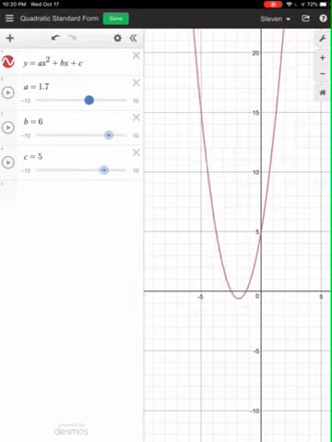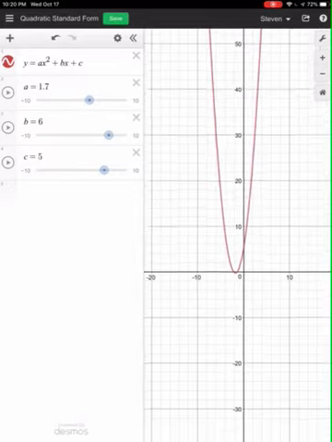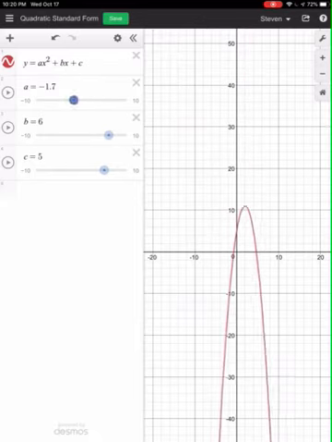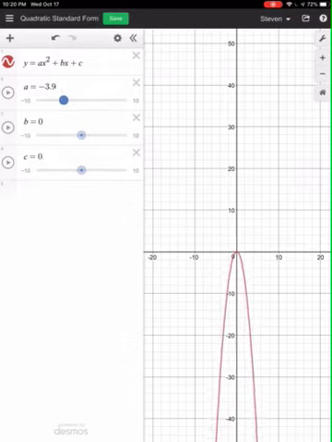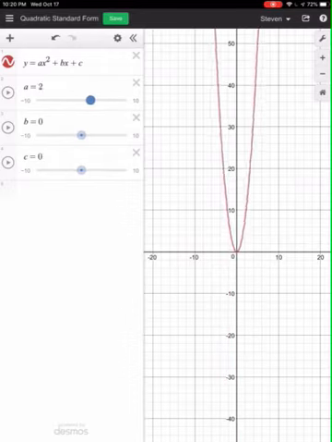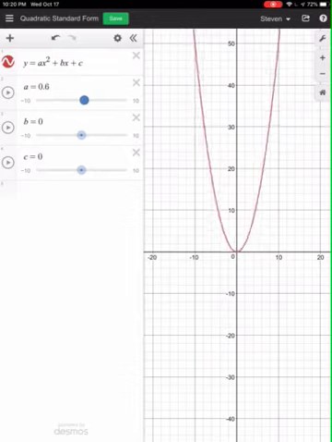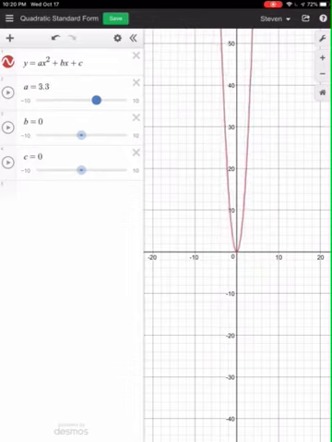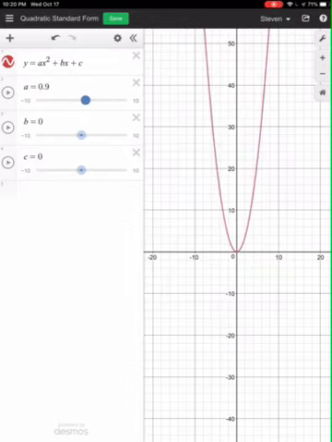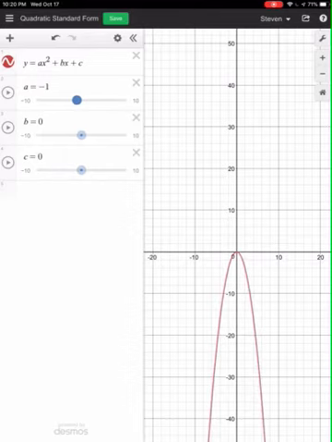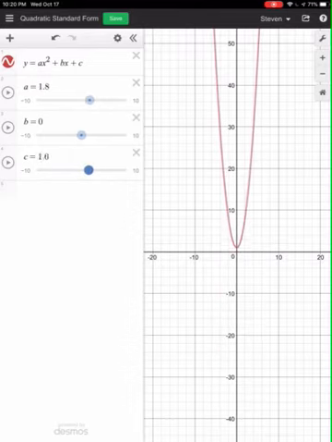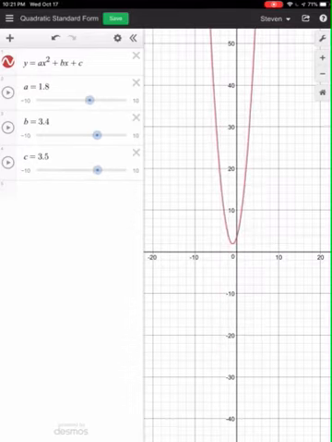But mostly, let's move b all the way to 0. So now we can mostly see that the graph is getting narrower as a increases and fatter as a decreases. And then if it becomes negative, then we also reflect over the x-axis.